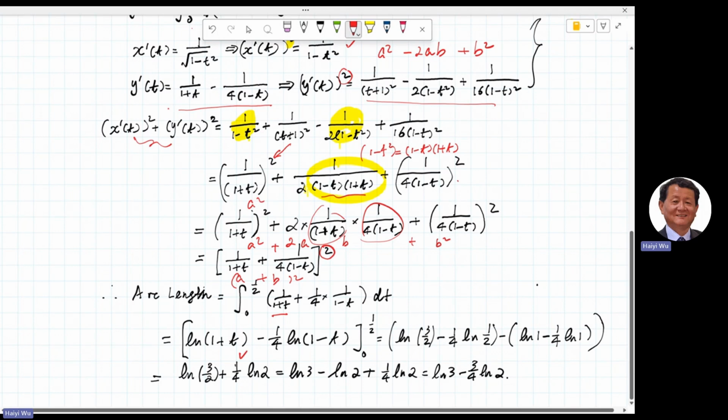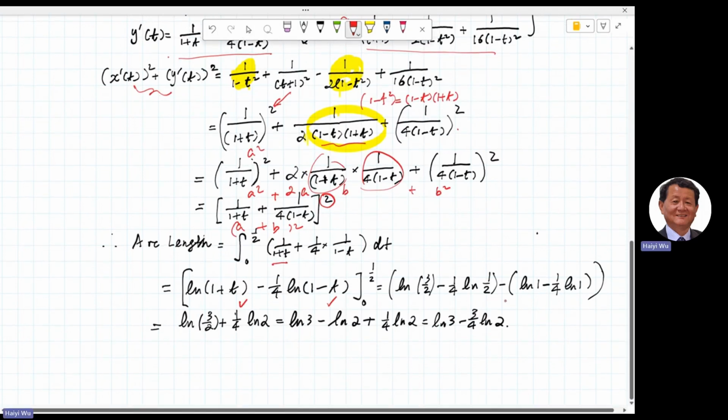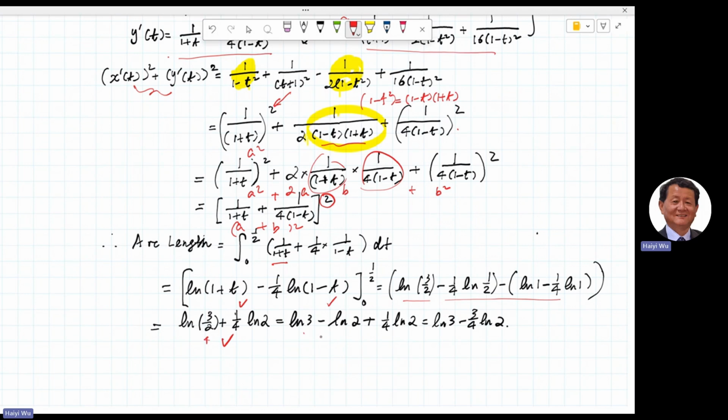We integrate it, and then plug in 1 divided by 2, and we solve it mathematically. So we end up with that. I'm going to do one more step, because division becomes subtraction: log 3, take away log 2, plus the others. Putting these two together as negative 3 or 4 log 2. So that's my final answer.